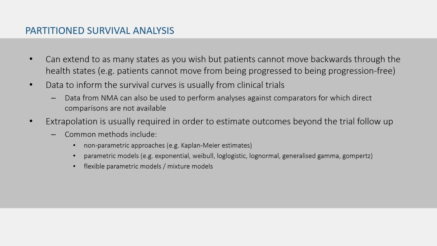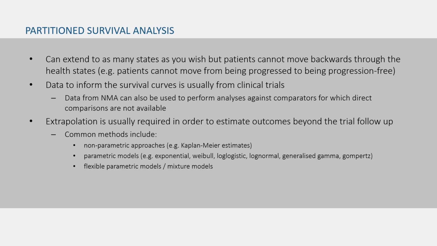Parametric models, and there are 6 standard distributions that you would use for this, which are exponential, Weibull, log logistic, log normal, generalized gamma, and Gompertz. And then more complex approaches are things like flexible parametric models or mixture models, which are used less commonly but also often considered as options.